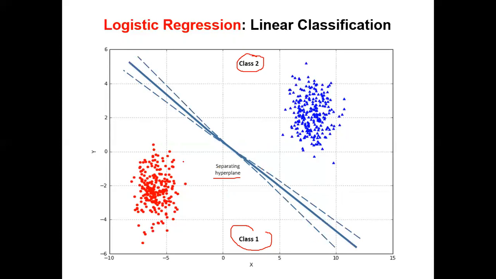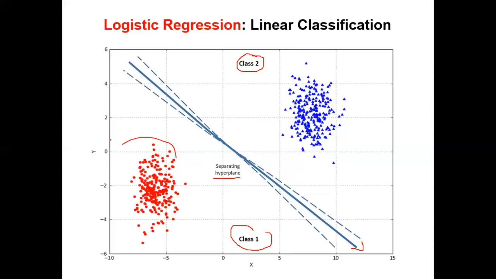Again, it is the role of the machine learning model developer to find this best hyperplane. There can be multiple solutions for the given problem. For example, this is the best hyperplane that we have obtained for this data set, where my number of misclassifications is 0. All the blue points are classified as class 2 and all the red points are classified as class 1.